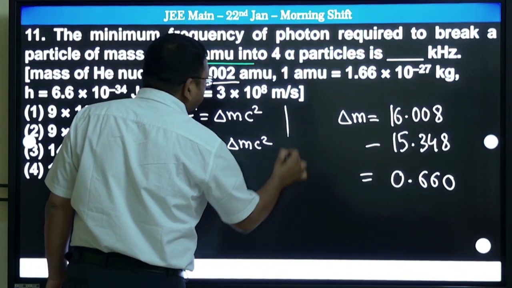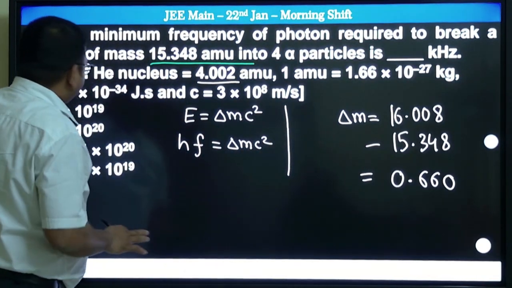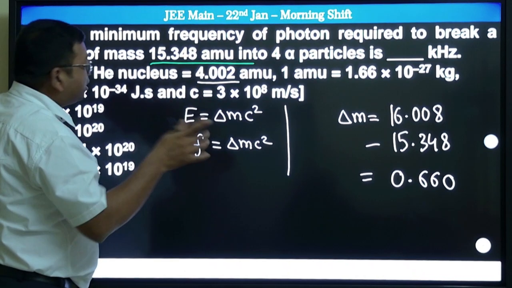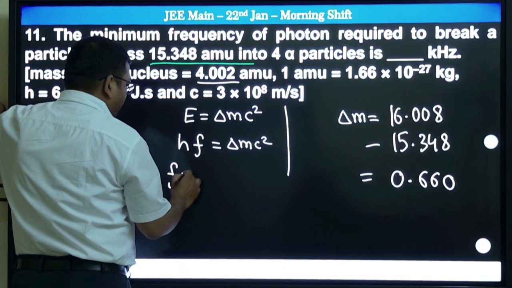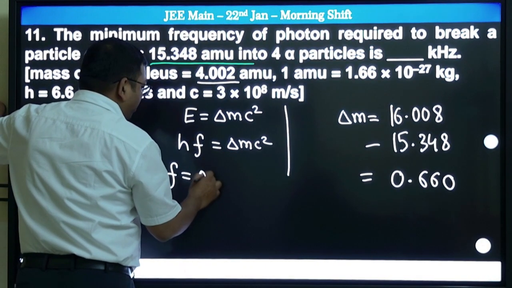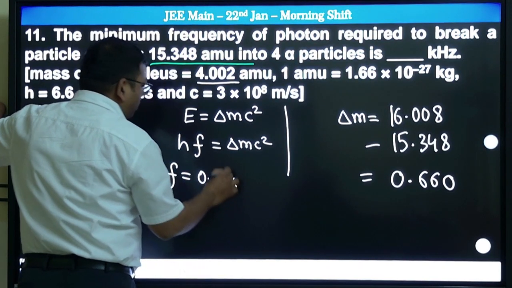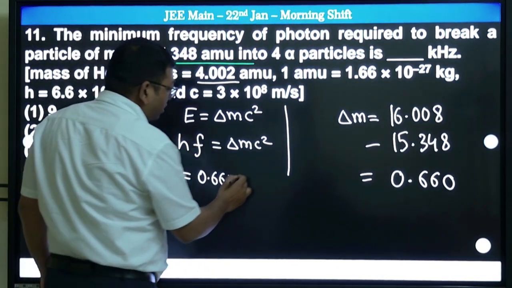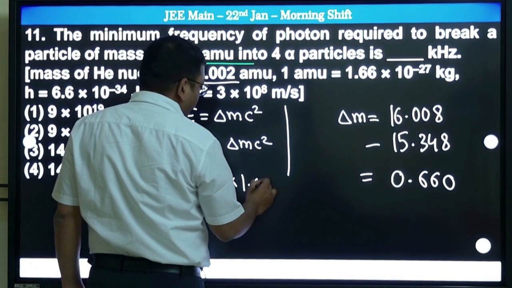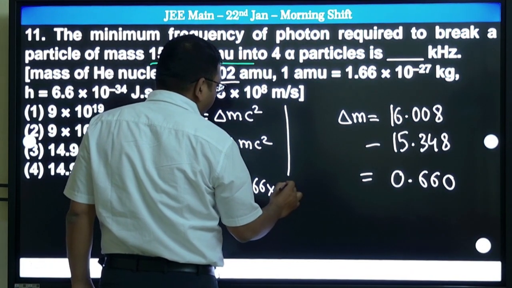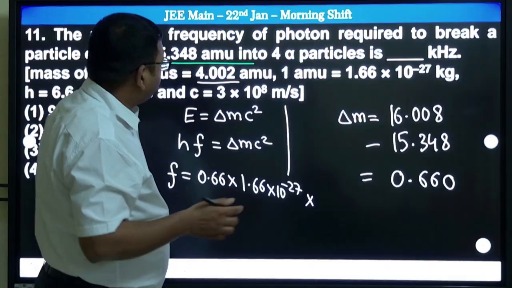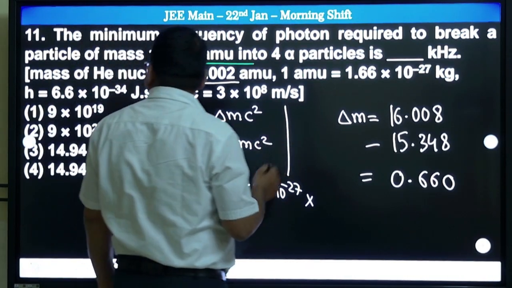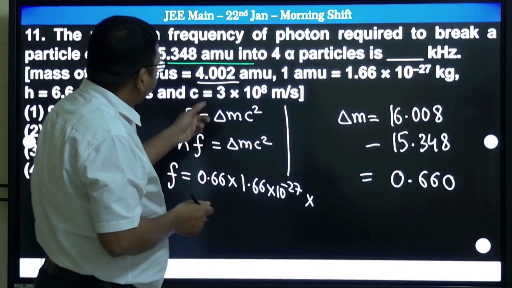Now you have to do just pure calculation. Energy and frequency in kilohertz we want. So calculate frequency. Delta m is 0.66, and one atomic mass unit is nearly 1.66 into 10 to the power minus 27, into speed of light 3 into 10 to the power 8. They have also given, so just square that.